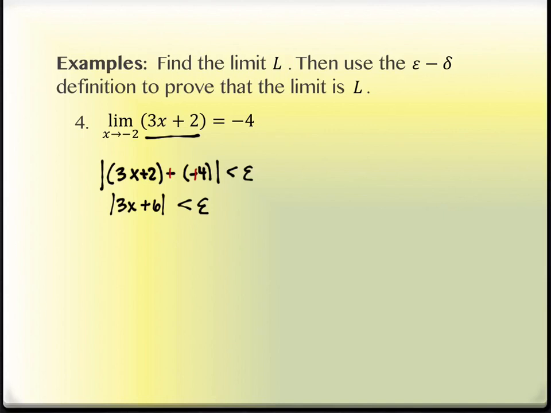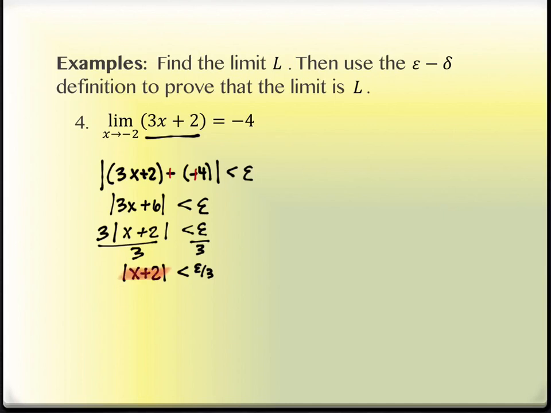So what value can I pull out of 3x and 6? 3. So I'm actually going to pull it out at the same time as I factor it out because I am pulling out a positive here. That leaves me with x, what's next? +2. Make sure you factor it out of both pieces. Oh wait, one more step. Divide by 3. So the absolute value of x plus 2 is less than epsilon over 3.